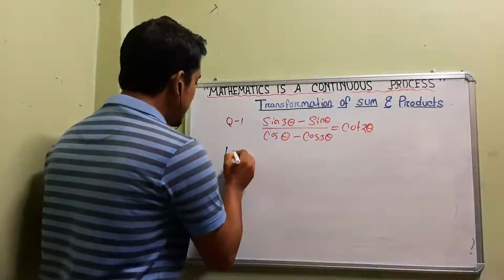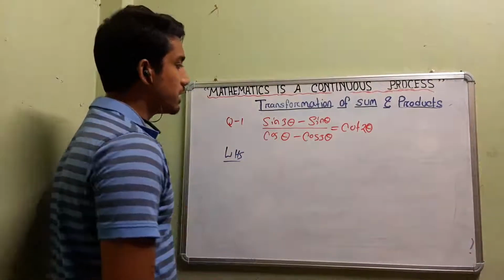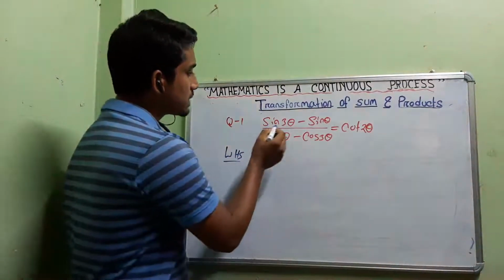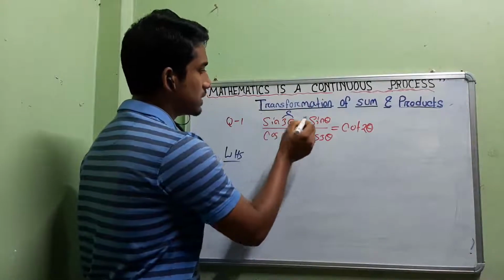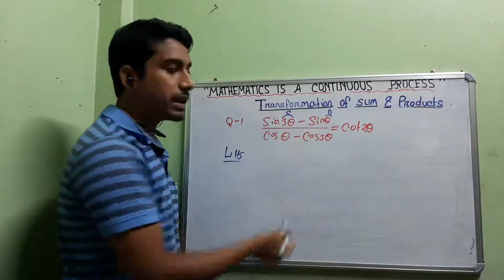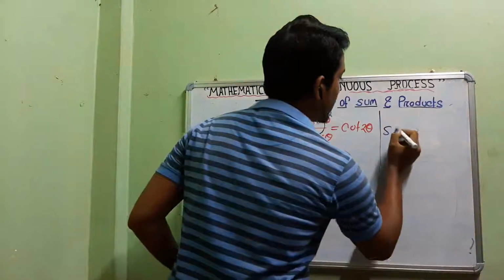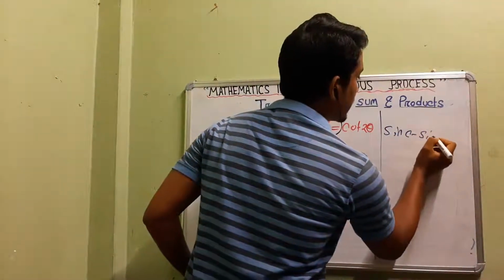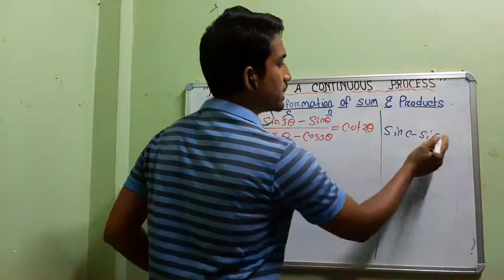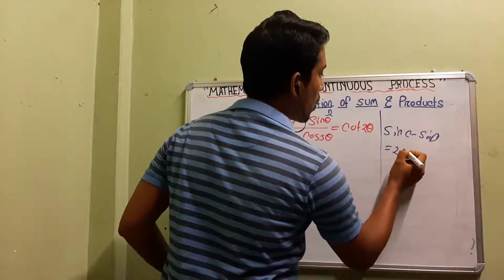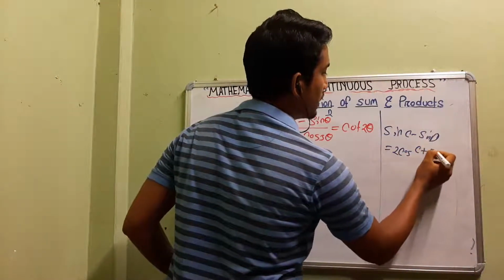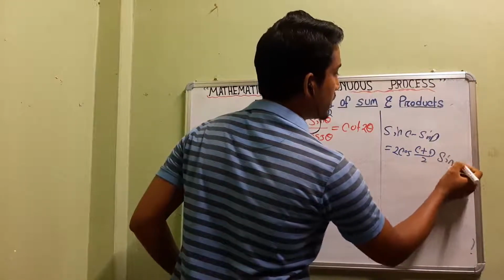Suppose I have taken the left hand side. In the left hand side you can see that sin C, suppose this one is C, suppose this one is D. So sin C minus sin D is there, no? So what was the formula for sin C minus sin D? If minus is there, sin C minus sin D, at that time 2 cos of the sum, cos is taking the sum, then sin is taking the difference.